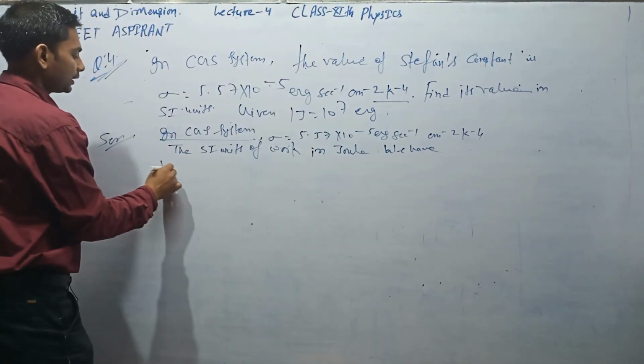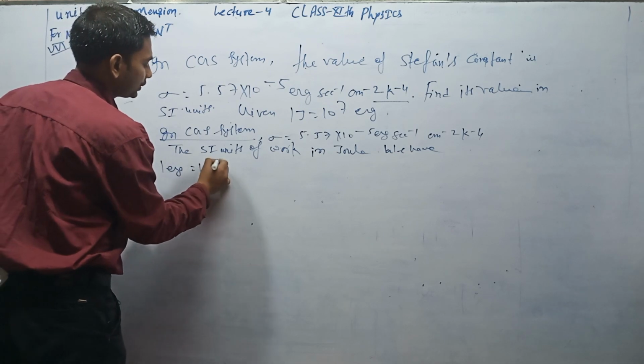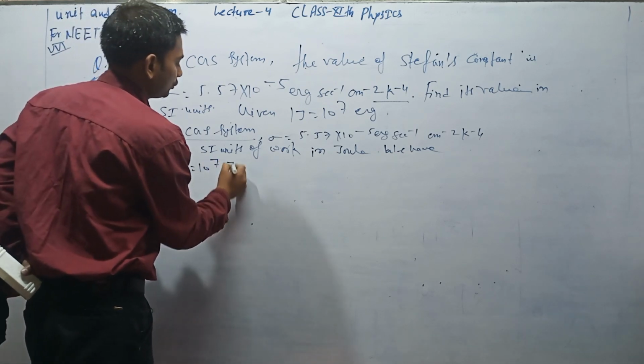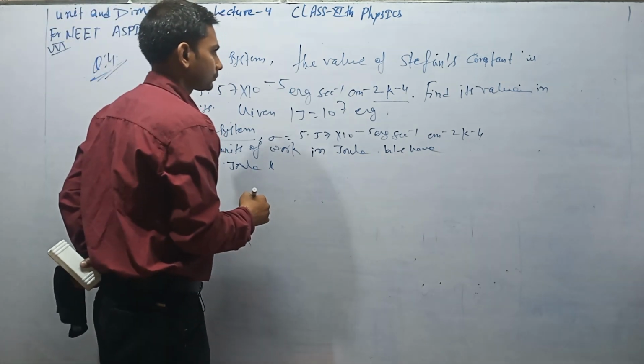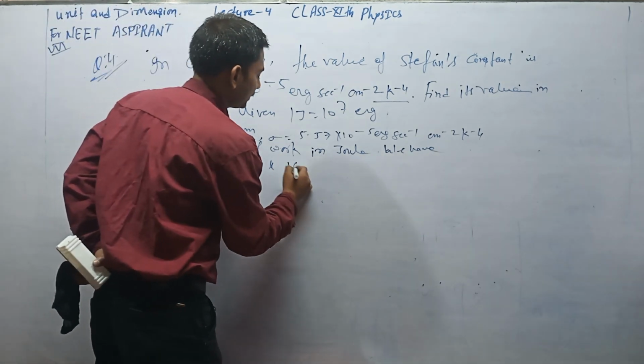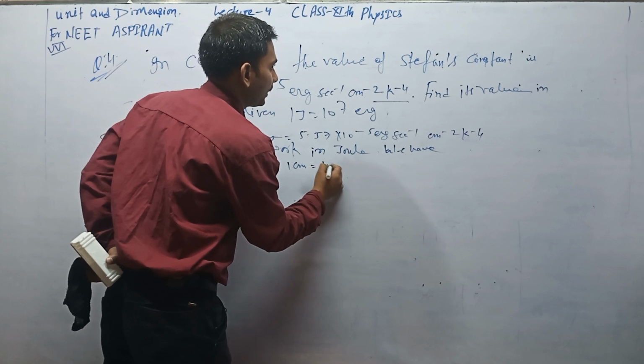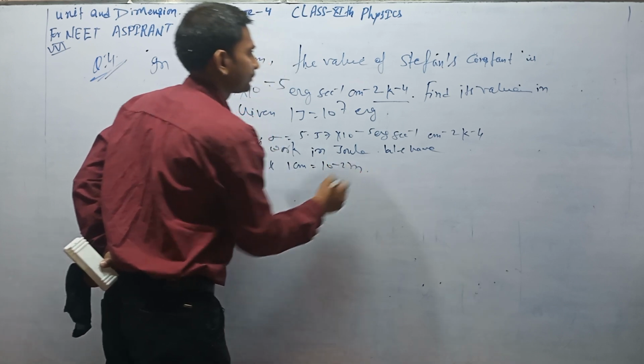We have 1 erg equals 10 to the power minus 7 joule and 1 centimeter equals 10 to the minus 2 meter.